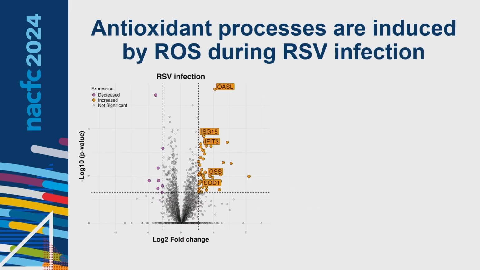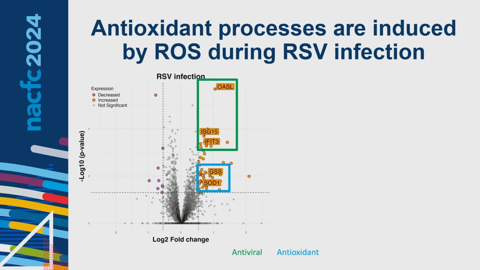And so going back to our proteomics, now looking on the protein level, I've highlighted here during RSV infection some of the most highly upregulated antiviral proteins in green, and then some of those antioxidant proteins that are contributing to our antioxidant signaling pathways.